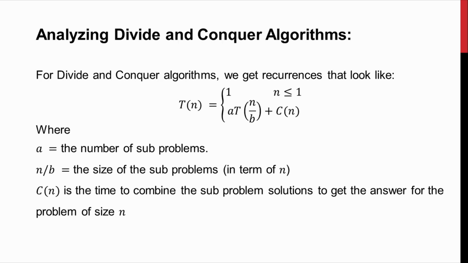As in binary search, initially a is equal to 2 and b is 2, and on the second iteration a is 2 and b becomes 4 in terms of n, because initially we divide the whole array into two parts and then each sub-part is again divided into two parts, meaning n is divided into 4 parts. So on the second iteration b becomes 4.